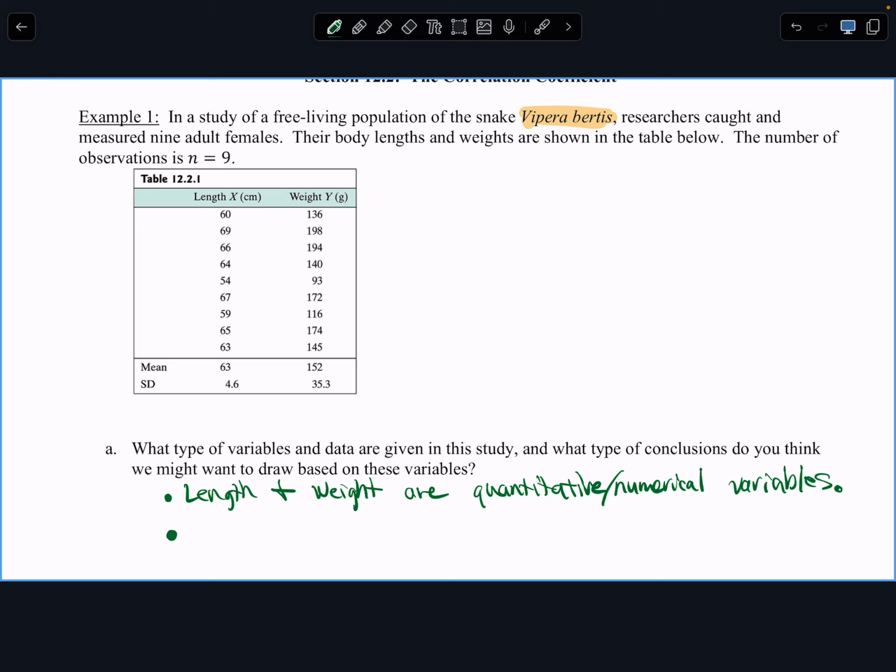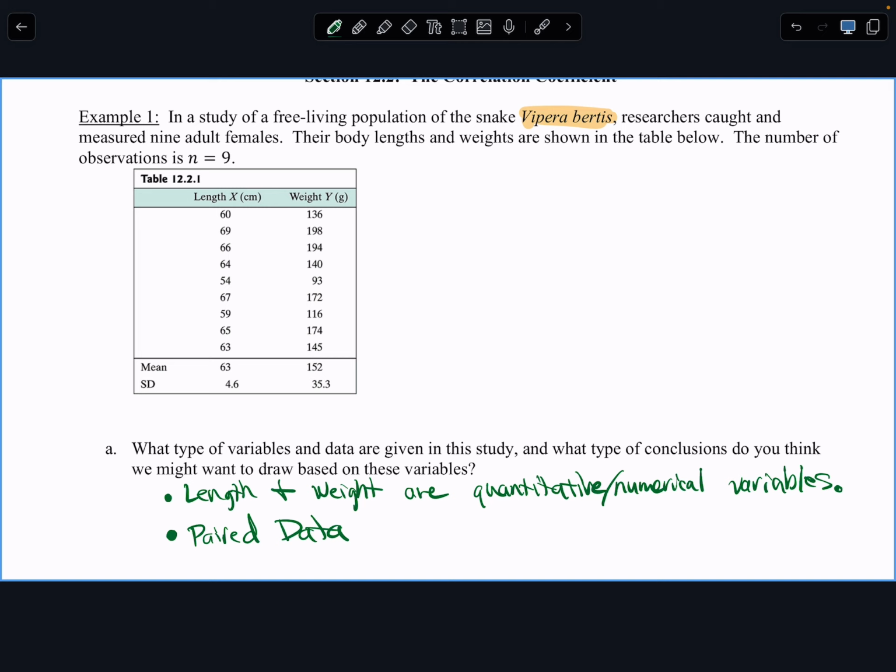But the difference here, so we do have paired data here, which gets confusing, I know. We have paired data because each snake is measured on 2 measurements, right? The length and the weight. But before, when we had paired data, we did a subtraction of the 2 measurements, right? That's how we got mu sub D, the difference.